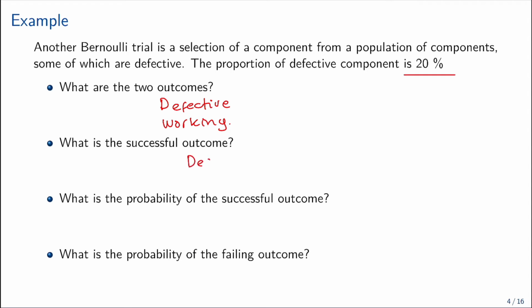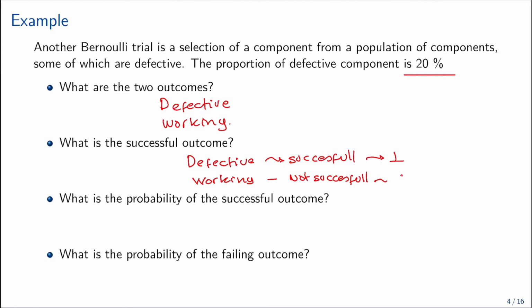So let's say that defective is the successful, and therefore is 1, and working is not successful, and therefore is 0. Now the probability of success, in this case meaning being defective, is equal to 0.2, and the probability of not successful, in this case working, X equal to 0, is 1 minus 0.2, which is equal to 0.8.